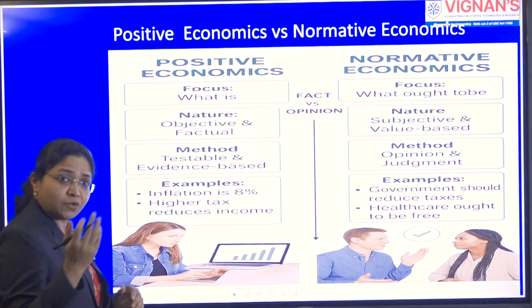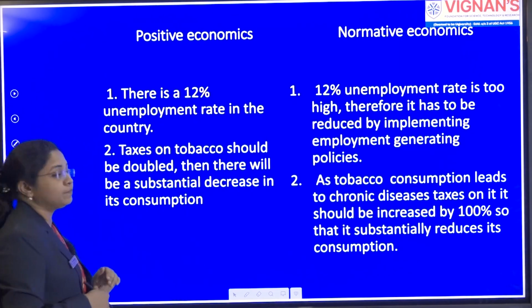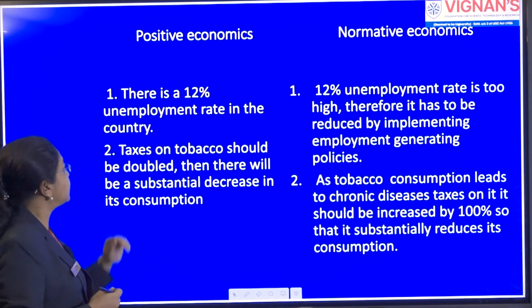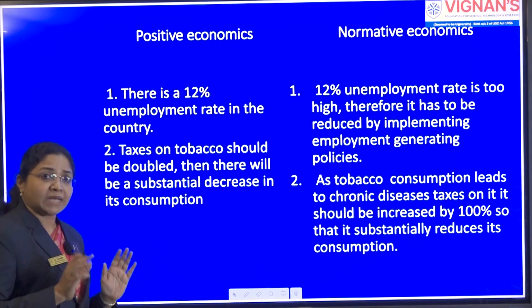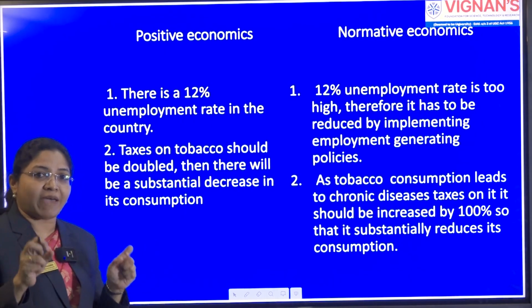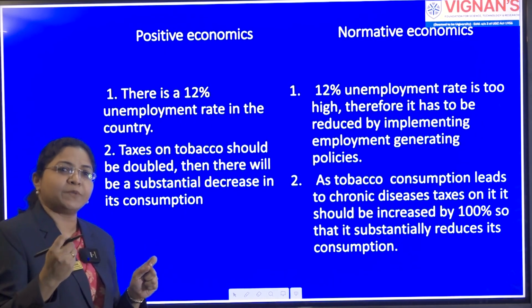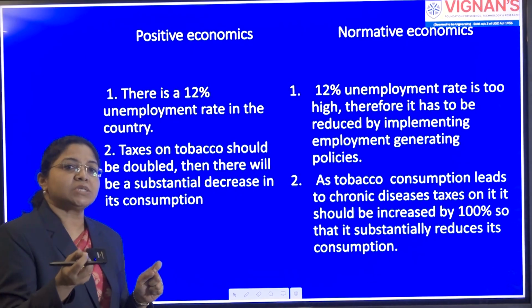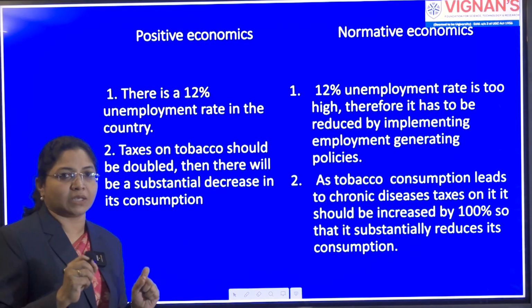We'll look into a few more examples of positive and normative economics. In positive economics, there is a 12% unemployment rate in the country. That states a fact. Positive economics is all about stating a fact, which is that a 12% unemployment rate is prevailing in the country.